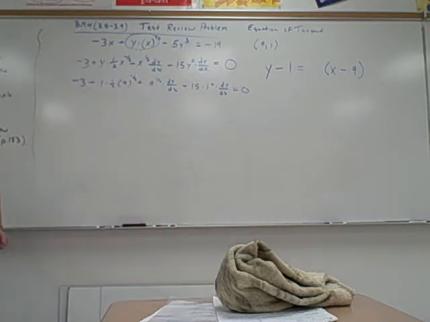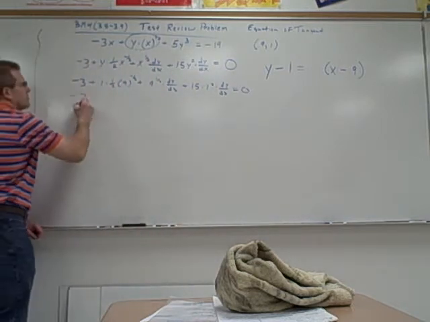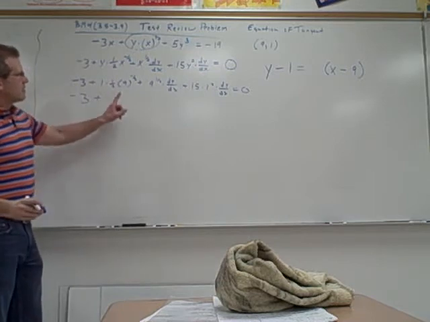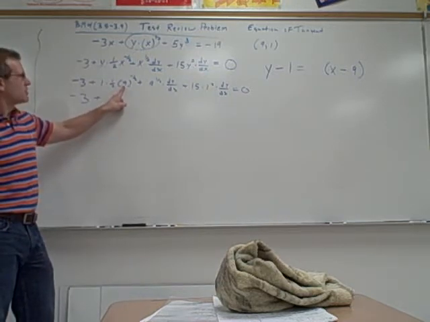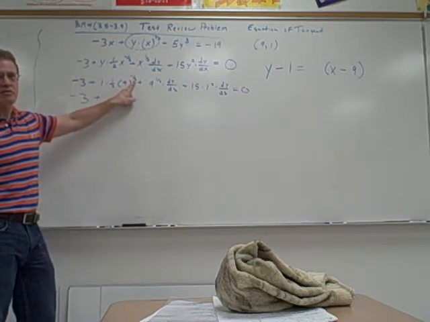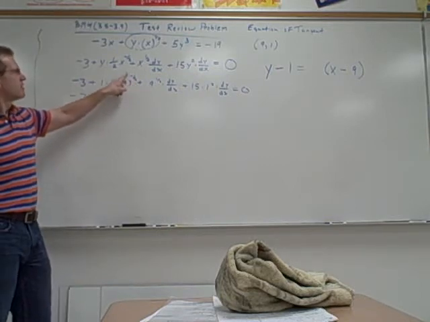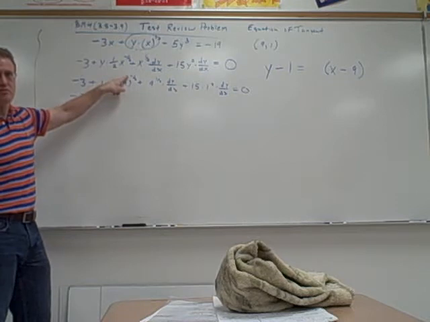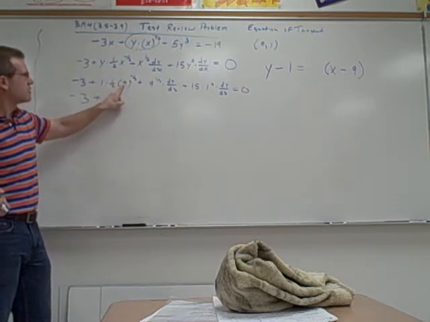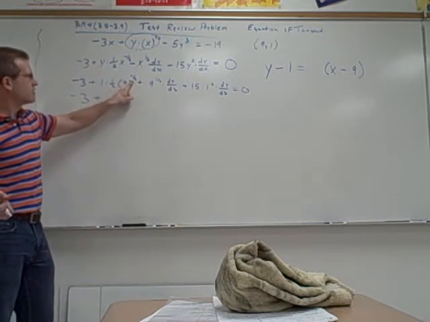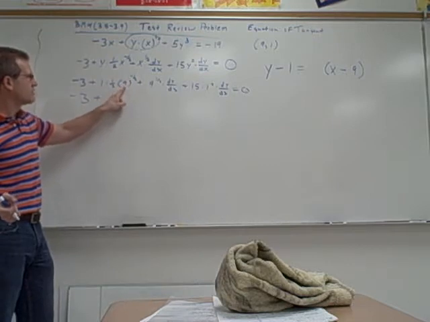So I just put in a 9 for x and 1 for y. So it gives me negative 3 plus, this might throw people, but what's 9 to the half power? Well, 9 to the half is the square root of 9, that would be 3. Then that negative means do the reciprocal, so this would be 1/3. Yep. 9 to the half is 3, 9 to the negative half would be 1/3.